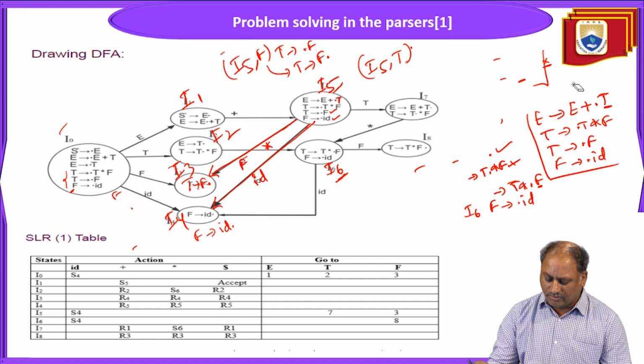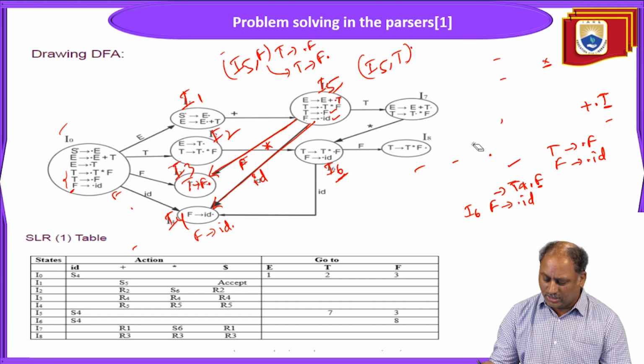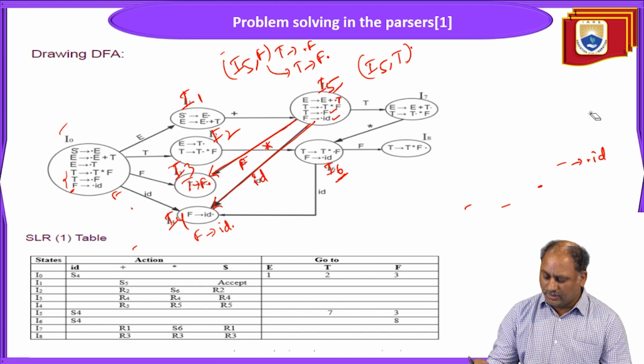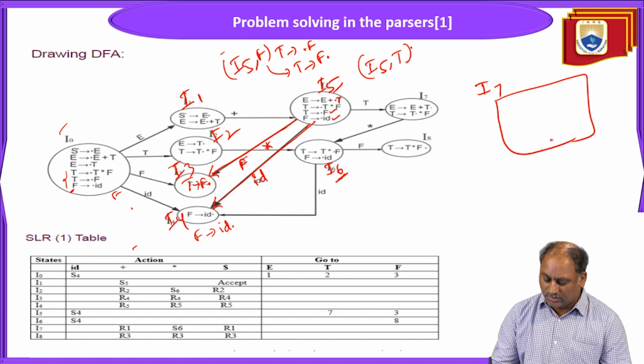Now from I5 we have generated a new state I7, and from I7 verify whether any new state is to be generated. So from I7 there is no new state to be generated. Why? Because it reached the end. You see here I7 contains two things. One is E derives E plus T dot, so here it has reached the end, so no need to compute.